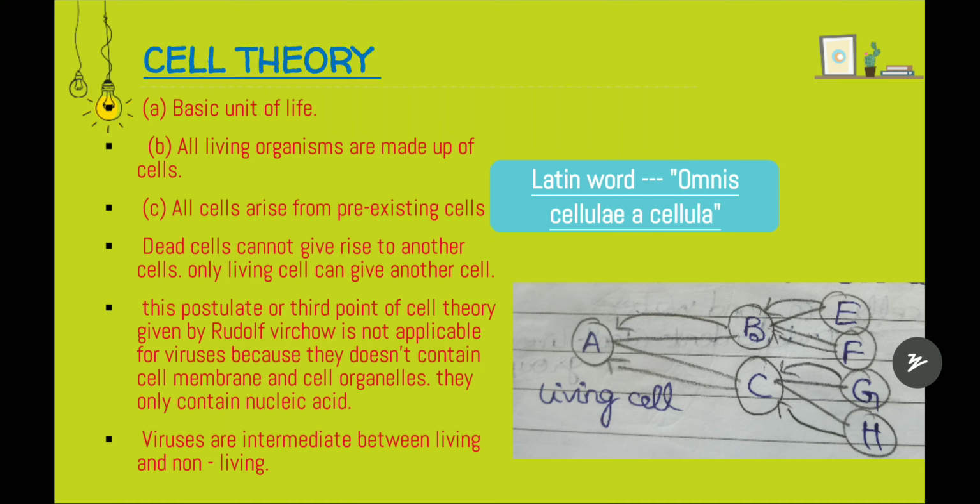The second point is that all living organisms are made up of cells. Each and every living organism, whether plants, animals, or human beings, is made up of cells. We have also learned that cells together form tissues, tissues combine to form organs, and organs combine to form an organ system, which in turn forms us: humans, plants, and animals.